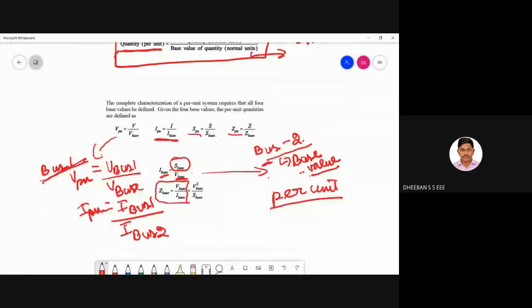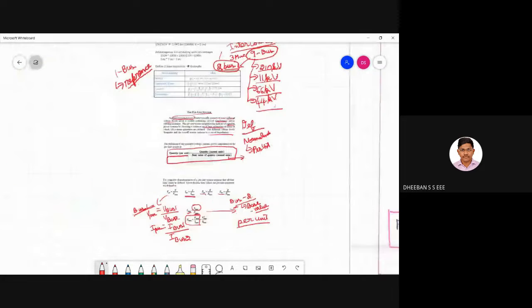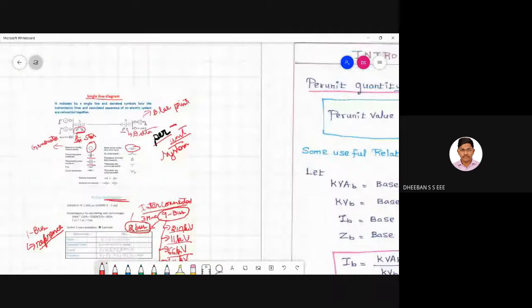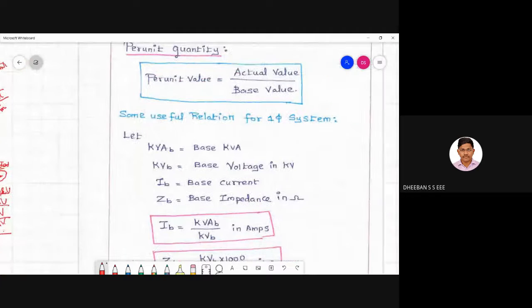So now we'll be moving on. This is the formula of the per unit quantity. The per unit value is generally nothing but the actual value by the base value, as I said. So you know about the base value and the actual value.